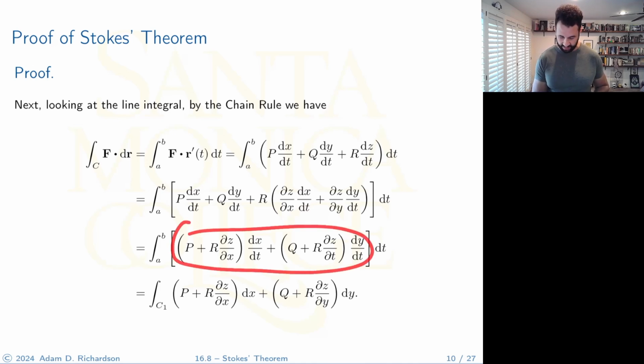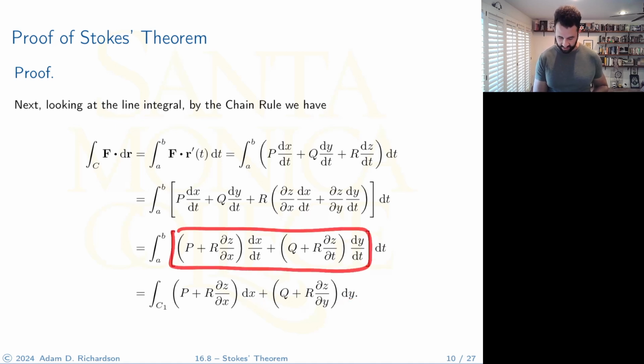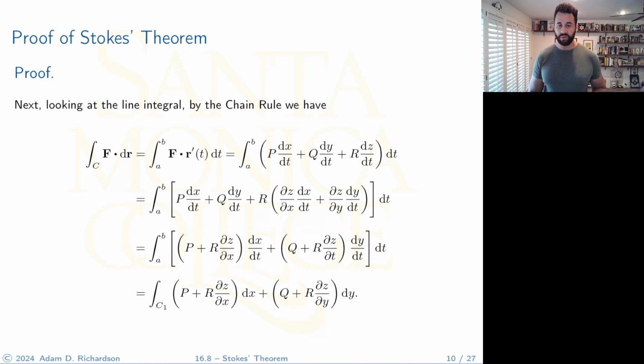That's what you get right here. Okay. And then we're going to write everything in terms of these differentials, dx and dy. So notice here with this integrand, our differential is dt, but we can write that equivalently as this integral right here, where the differentials are in terms of dx, or in terms of x and y. And that's what we have right there.